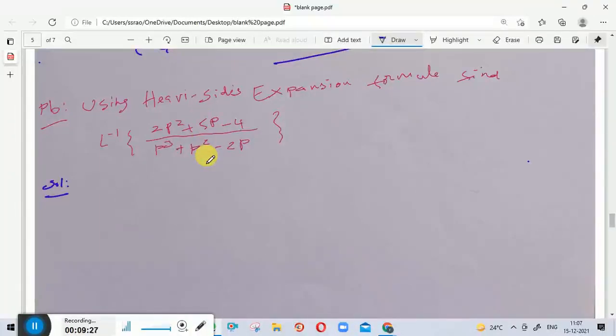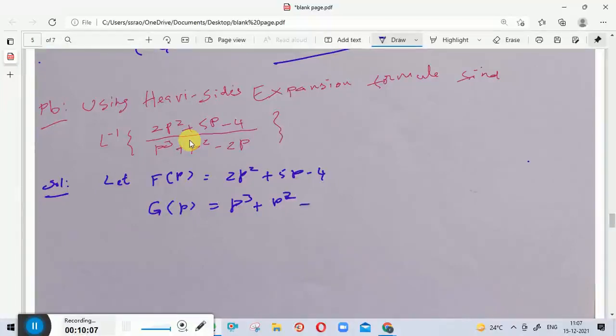At the same time, see here, let f of p is equal to 2p square plus 5p minus 4, g of p is equal to p cubed plus p square minus 2p.